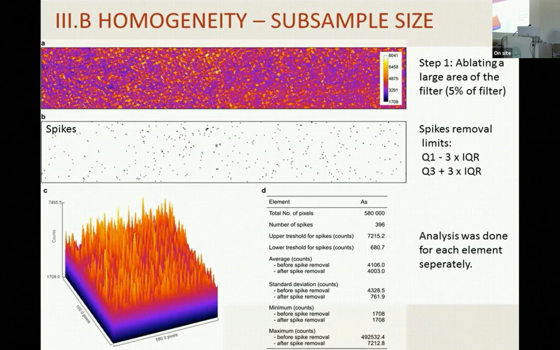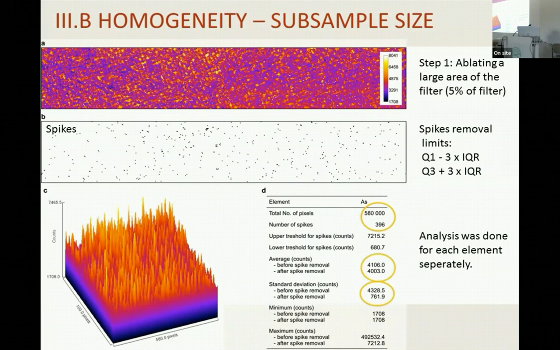Next, we wanted to determine the smallest subsample size that would still be representative for the whole filter. First, we ablated a large area of the filter and found some large spikes which represent less than 1% of the total number of pixels, but largely contribute to variability between the pixels, though they do not drastically change the average of the samples.